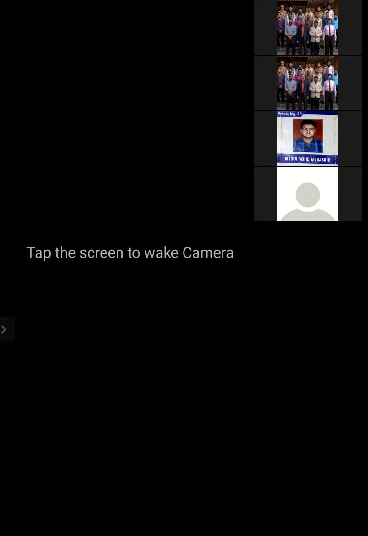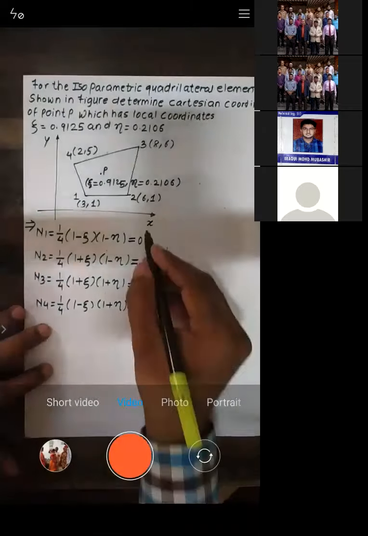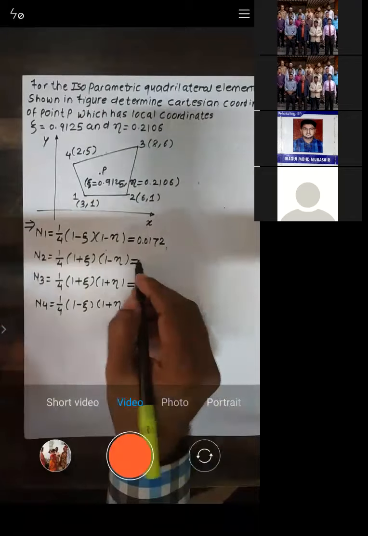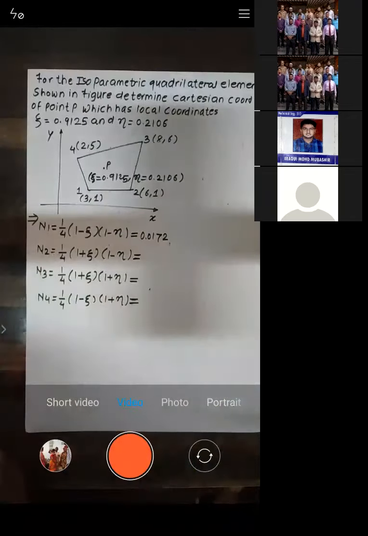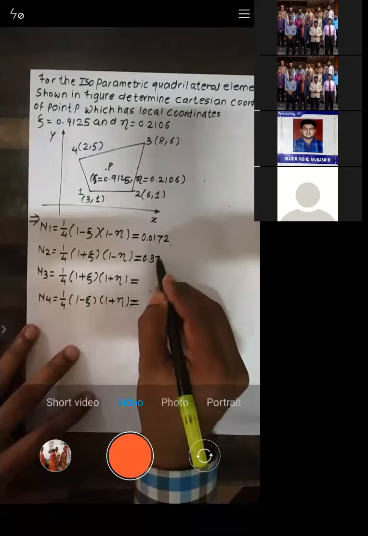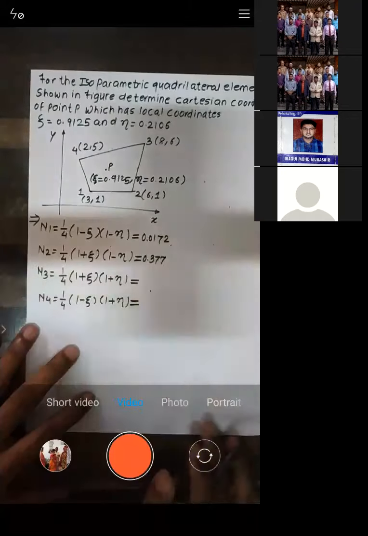N1 is 0.0172. What is N2? 0.377. Are all of you getting the same answer?